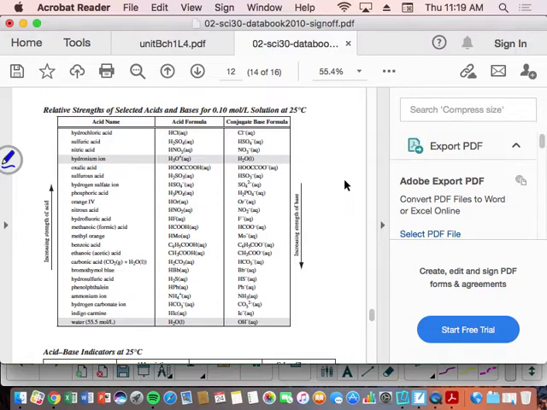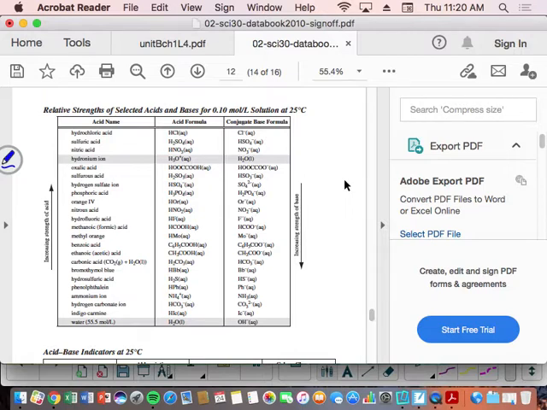So the strongest acid is going to be at the top. On the left-hand side it says increasing strength of acid. So the higher up it is on the table, the stronger the acid. And the lower it is on the table, the stronger base it is. So you're either a stronger acid or a stronger base.